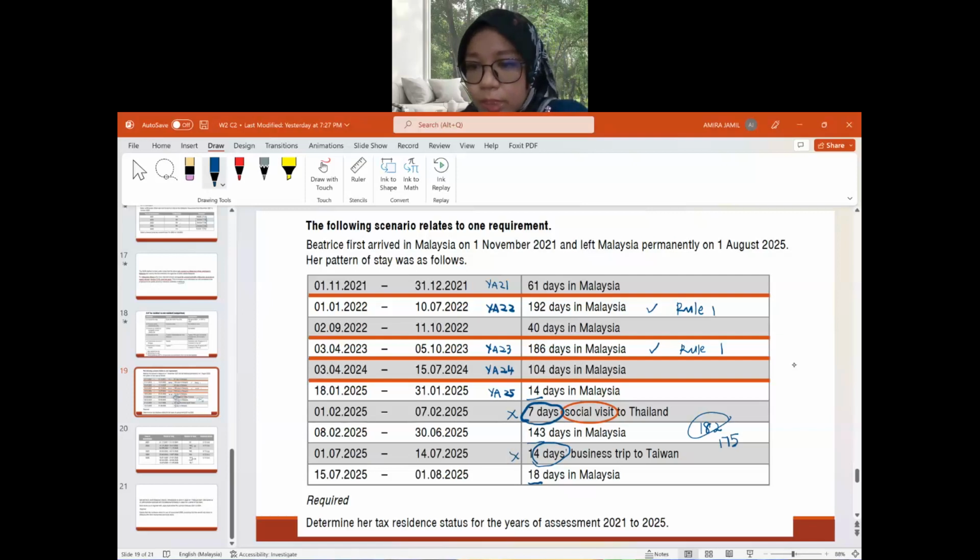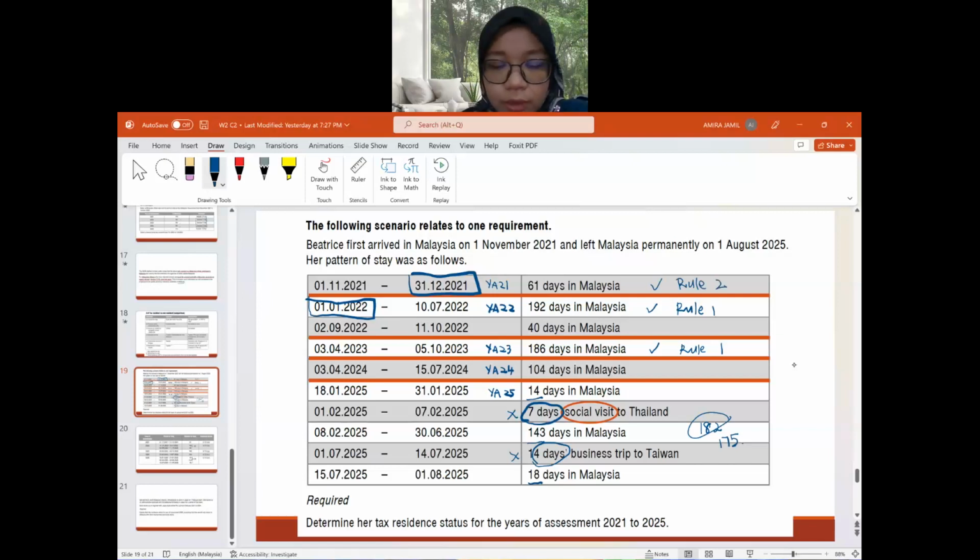They only have 175. So can we apply rule number 2 anywhere? For rule number 2, this is immediately preceding. Is it connected? 31st December until 1st January. So it's connected, okay? Right? So we can apply rule number 2 here, less than 182 days.